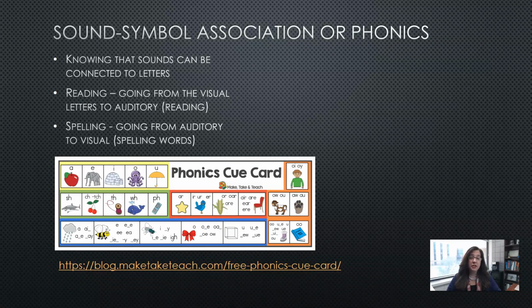Sound symbol association or phonics. Knowing that the sounds can be connected to letters. Reading, going from the visual letters to the auditory, the actual reading. Spelling, going from the auditory to the visual. English learners can really benefit from using visuals to help with comprehension.